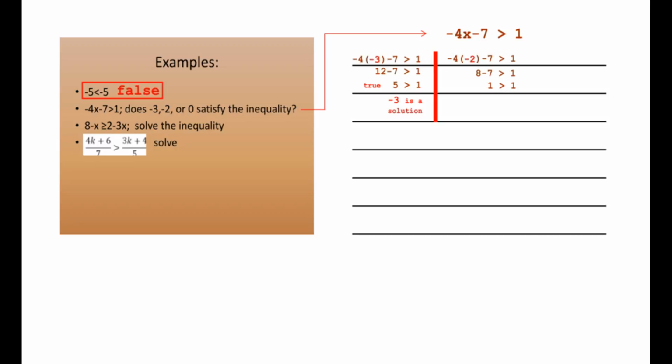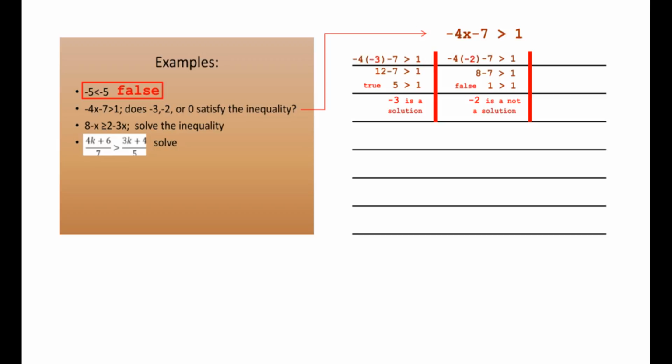Is 1 greater than 1? 1 is not greater than 1, agreed. 1 is equal to 1. So in this case, it becomes a false statement. Therefore, -2 is not a solution, because when we plug in -2, it only gives us that 1 is greater than 1, which is a false statement.